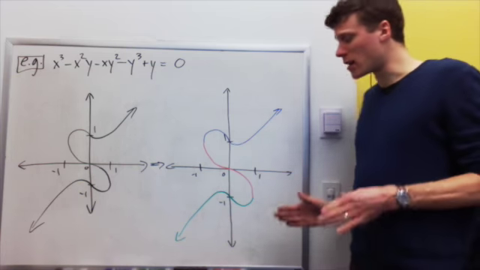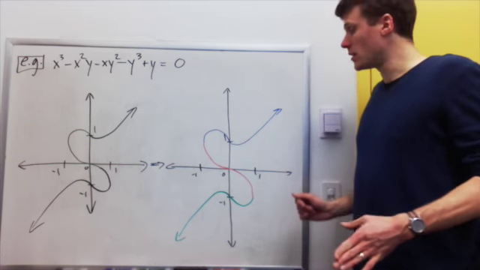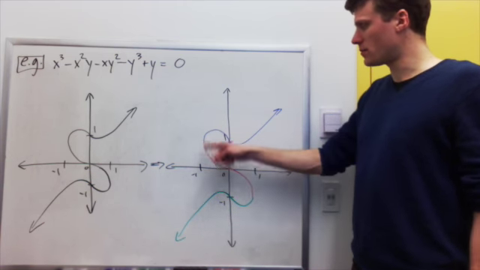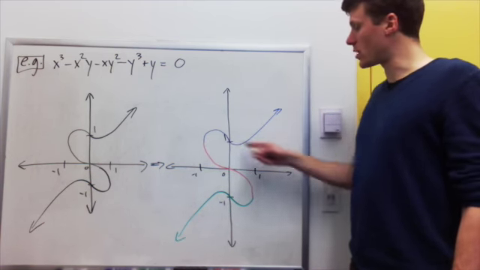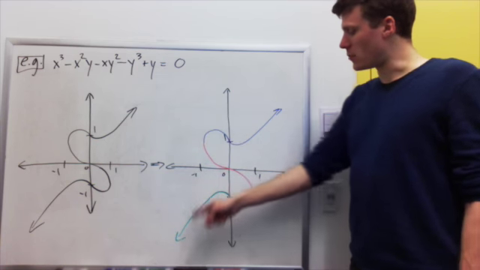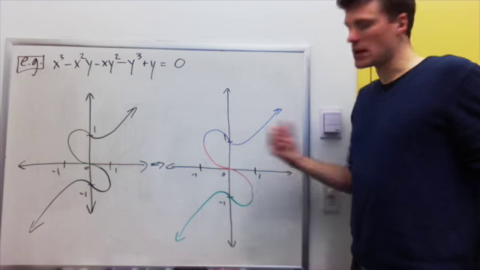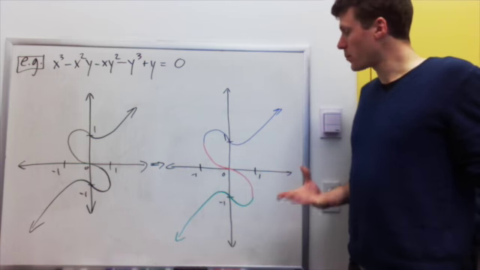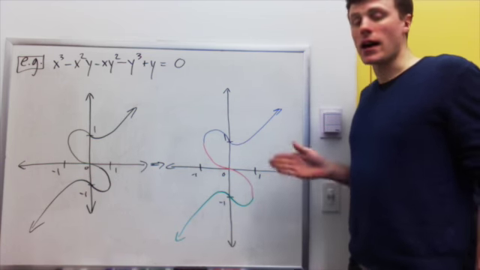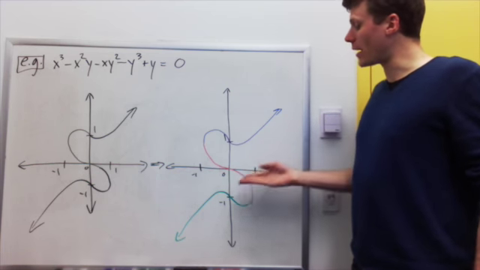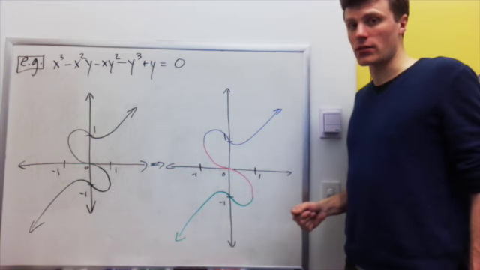But I can cut this up into 3 pieces that each satisfy the vertical line test. I can take the top piece of the graph, which is blue right here, the bottom piece right here, which is green, and then this middle piece I've made red. Each of these 3 pieces gives me a function. So yeah, I can consider y to be given by 3 different functions of x.